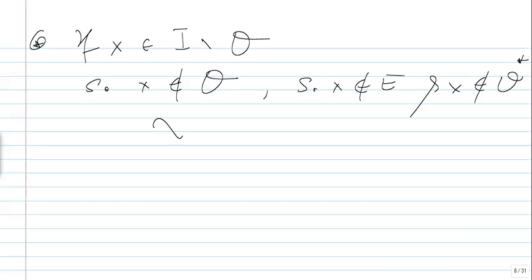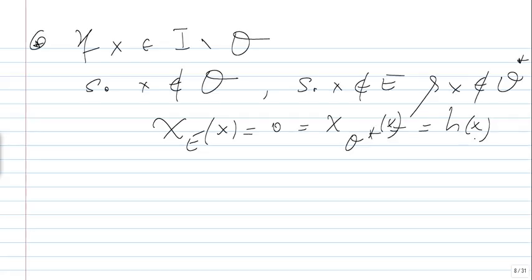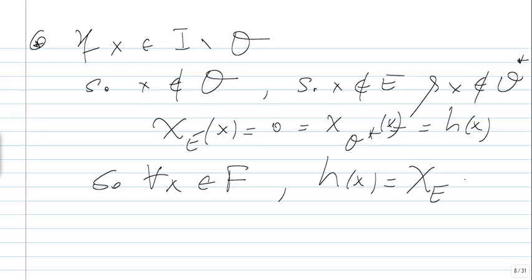So we have the characteristic function of E of x is equal to 0, equal to the characteristic function of O star of x, equals to h of x. So for every x in F, we proved that h of x is equal to the characteristic function of E of x. And that is exactly what we were asked to prove. Okay, so this completes the proof of the first one. It was a long, beautiful construction.